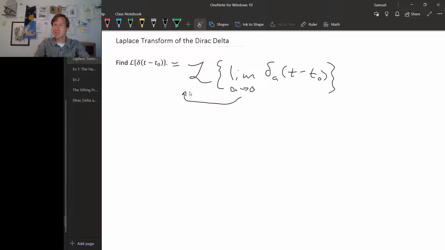That takes some justification. The Laplace transform is an integral from 0 to infinity, so we need to justify why it's okay to move a limit outside of an integral. I'm not going to make that justification, but in this case, it is okay to move this limit outside of this integral, which amounts to moving the limit outside of the Laplace transform. So the limit as a goes to 0 of the Laplace transform of delta sub a of t minus t naught.